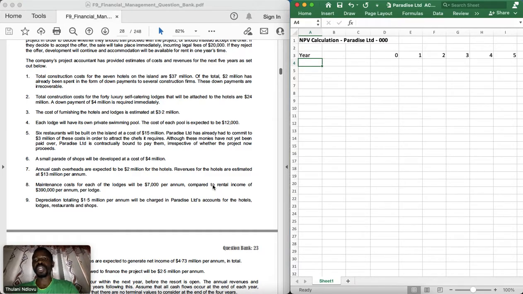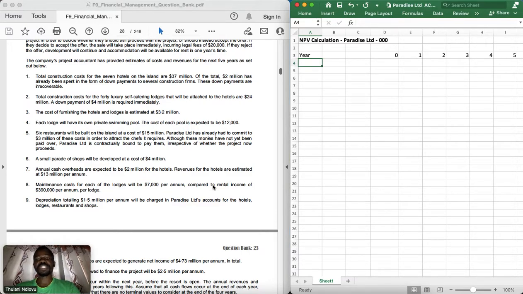Note number 2: Total construction costs for the 40 luxury self-catering lodges that will be attached to the hotels are 24 million. A down payment of 4 million is required immediately, that is, in year 0.